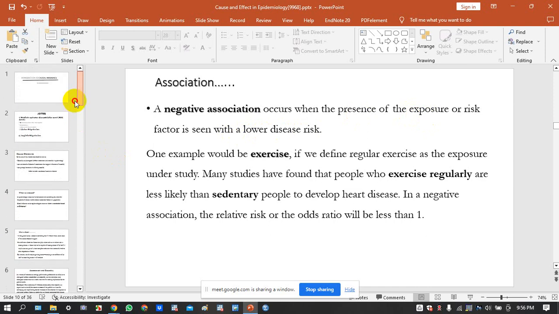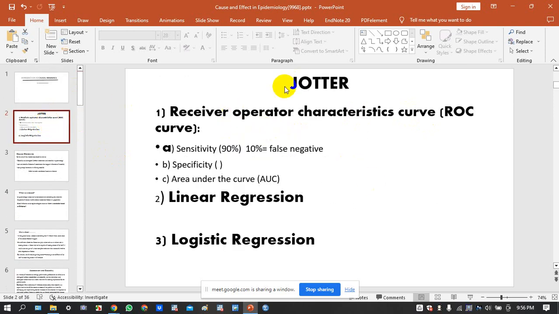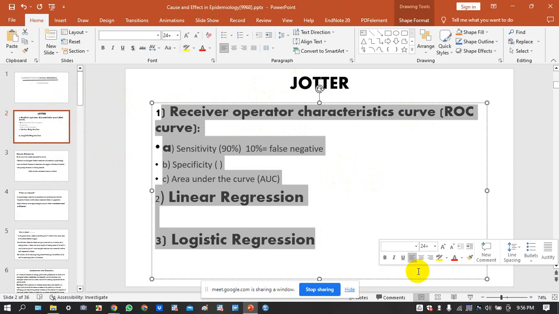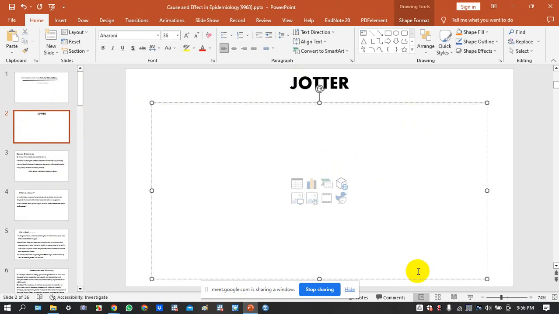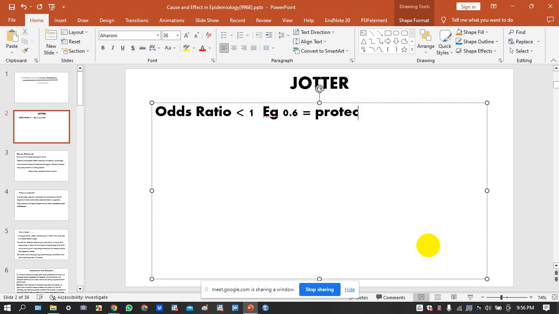So this is it. If the odds ratio is less than 1, for example, if you have an odds ratio of 0.6, then there is a protective association, protective effect or association.